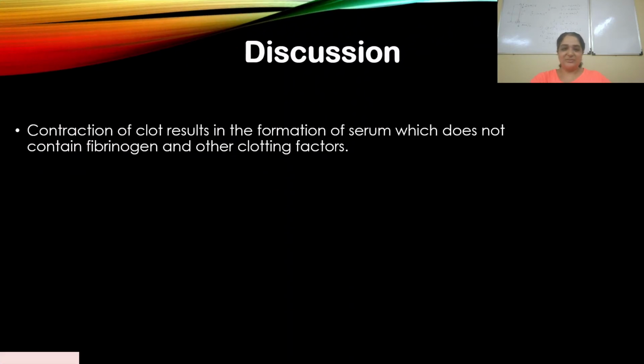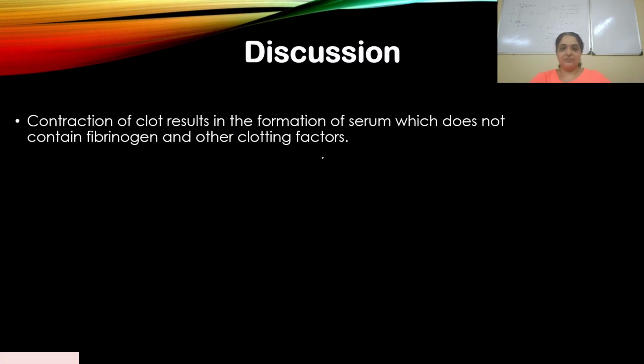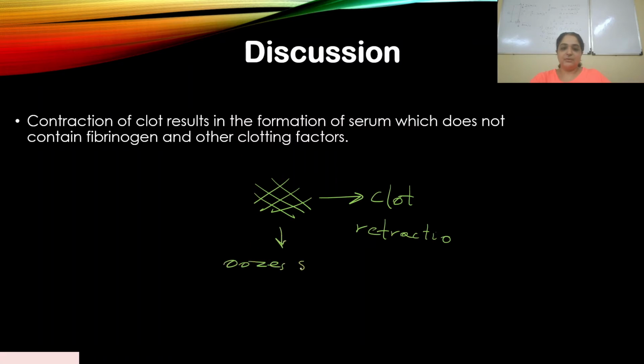Okay, let's look at the discussion. When the clot contracts and becomes small, that means clot retraction happens, and it oozes out serum. Serum is a yellow colored liquid, and it lacks the clotting factors and fibrinogen.